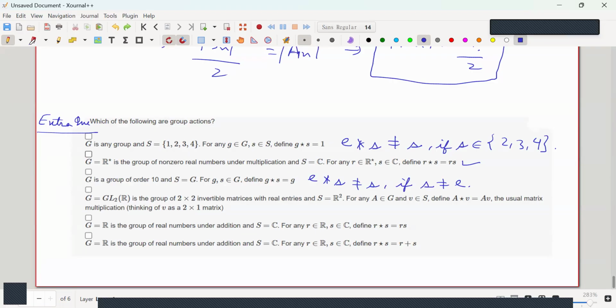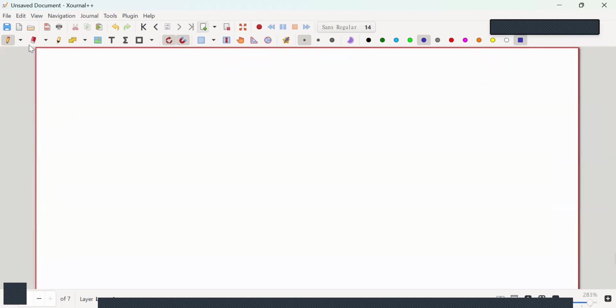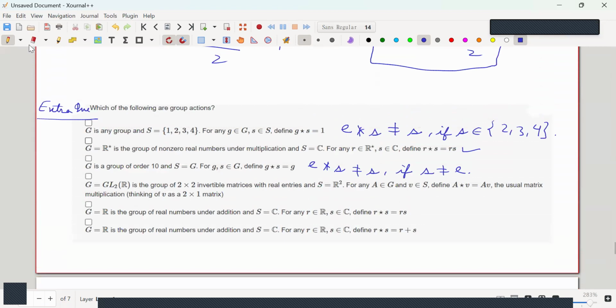This is a group action. Why? If I consider the identity matrix times v, then I always get v. So the first property holds. And if there are two matrices A1 and A2, the associativity also holds: A1 times A2 v is the same as A1 A2 times v.